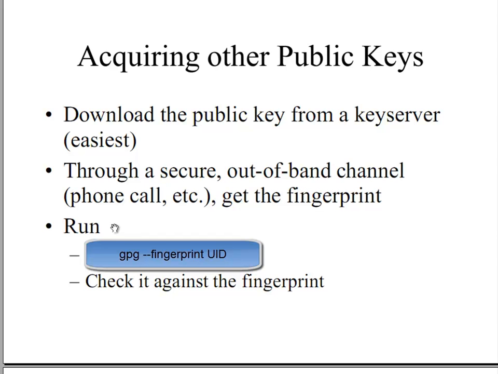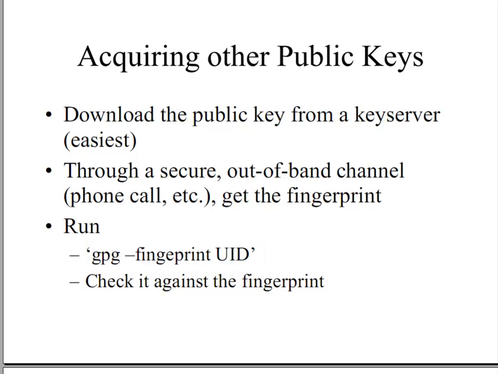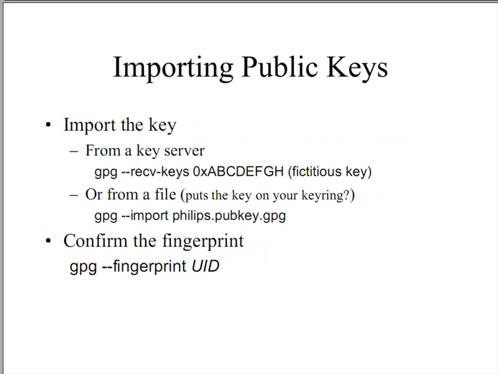And the way to check somebody's fingerprint is to run GPG dash dash fingerprint UID, and then we'll check the fingerprint. And then we use the out-of-band channel, a phone call, or preferably not an email, to check to make sure that the fingerprint actually matches.